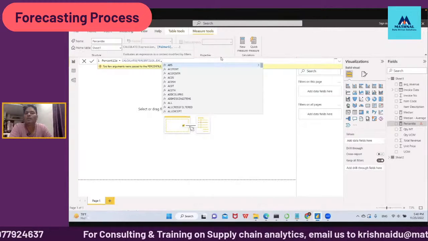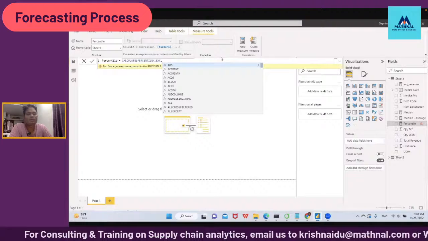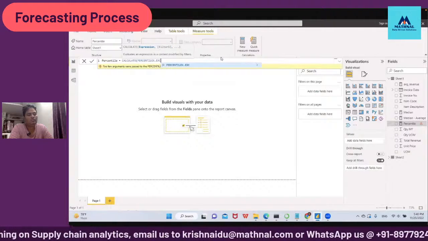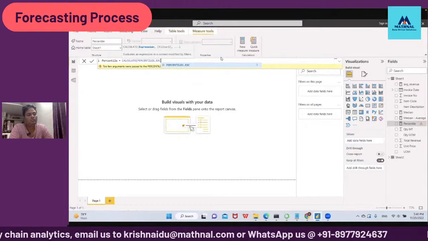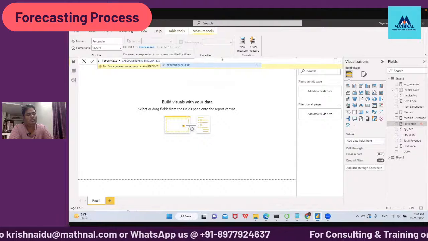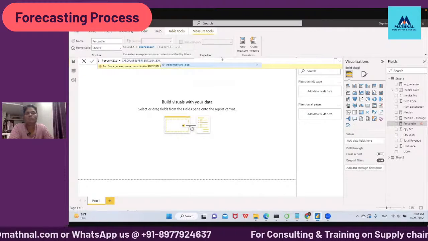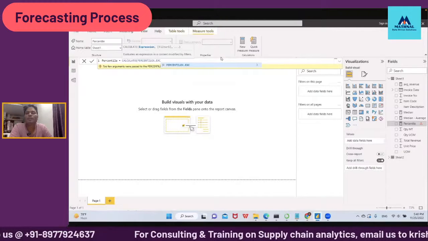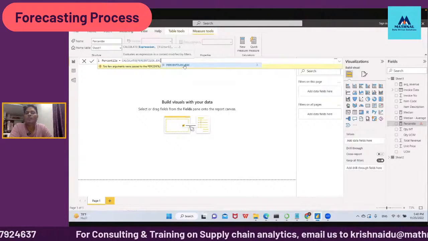No, why do we have a comma there? Just click on percentile x. If you see the bottom function, remove the calculate function also.